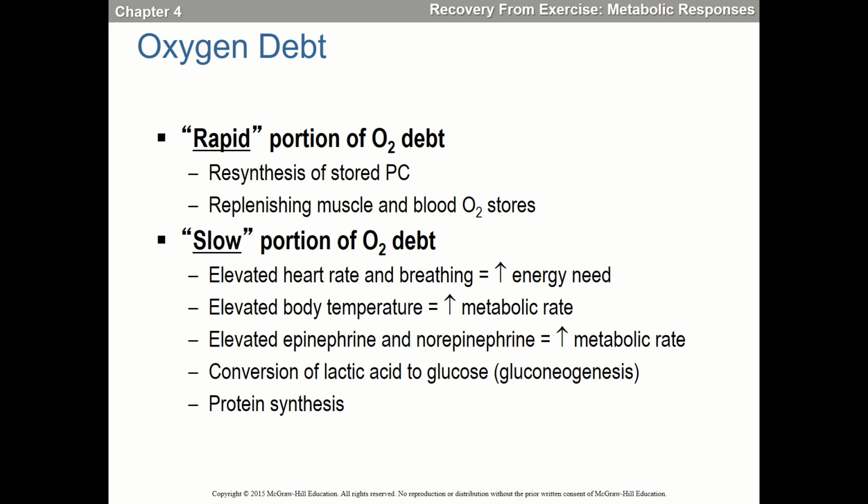Can I tell y'all something funny about epinephrine, really quick? Why do you think it's called epinephrine? Does anybody have a guess? This will come up in our hormone stuff. It comes from the adrenal medulla. Adrenal: ad meaning above, renal meaning kidney.